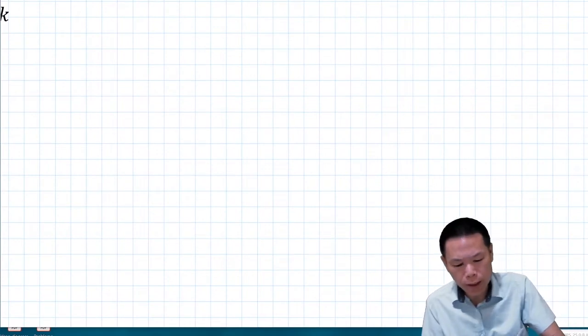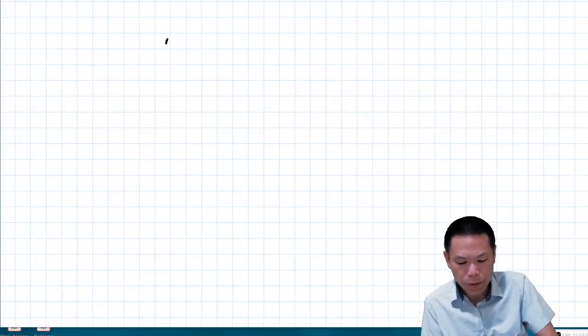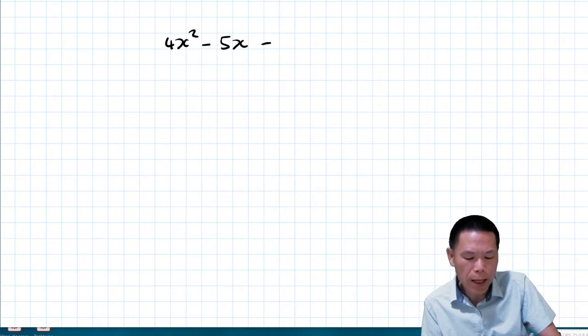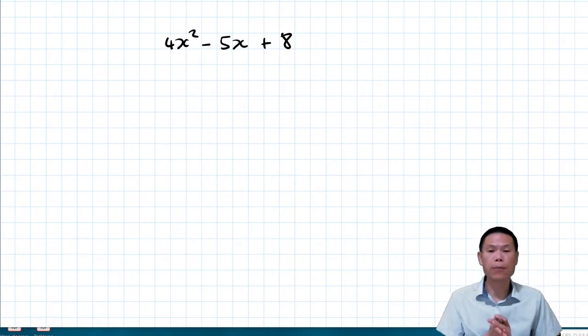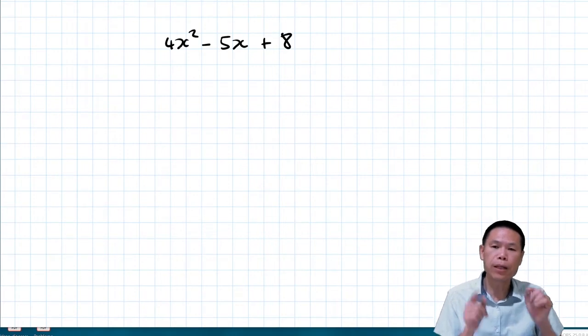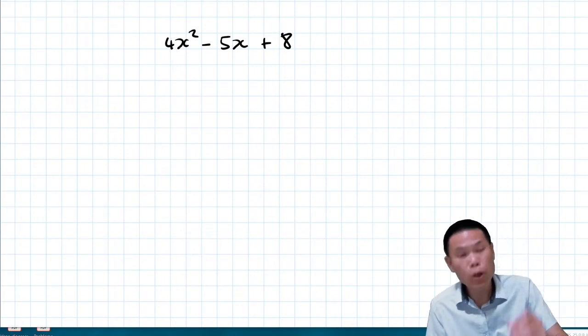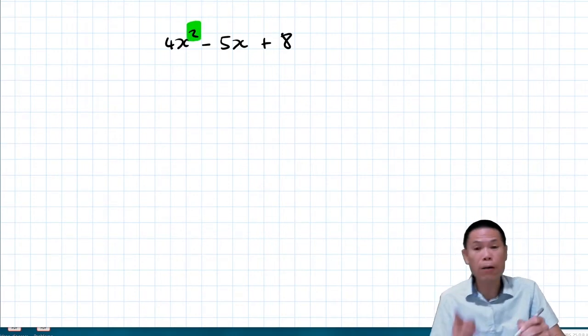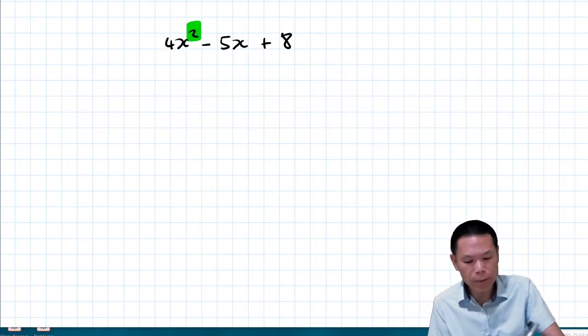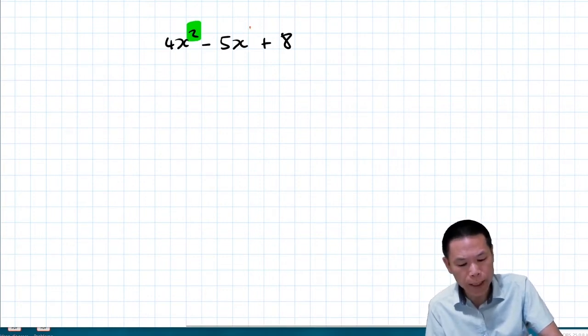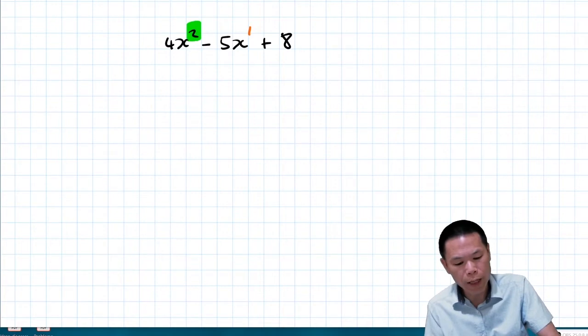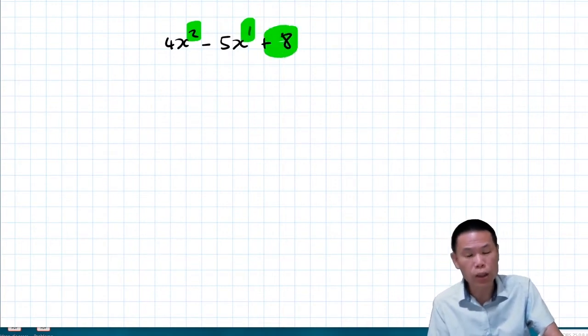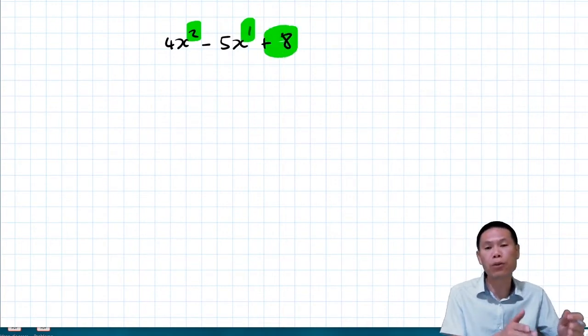Let's consider these expressions here. 4x squared minus 5x plus 8, for instance. This expression is a polynomial because we have x to the power of 2, and 5x means x to the power of 1, and we add a constant, or x to the power of 0 if you like.